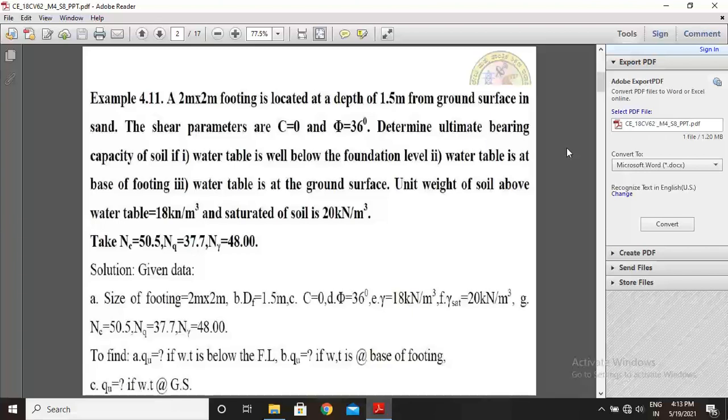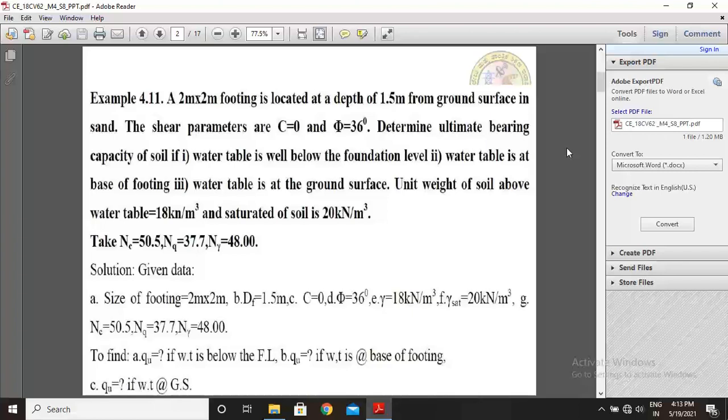A 2 meter into 2 meter footing is located at a depth of 1.5 meter from ground surface in sand. The shear parameters are C equal to 0 and phi equal to 36 degree. Determine ultimate bearing capacity of soil if, first case, water table is well below the foundation level, second case, water table is at base of footing, third condition, water table is at the ground surface.